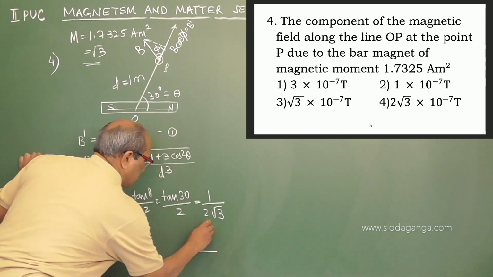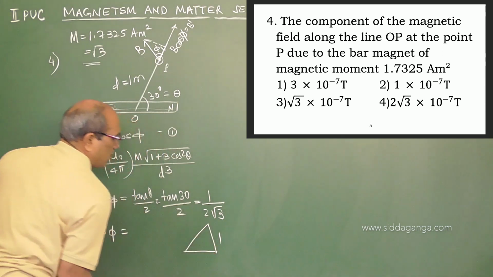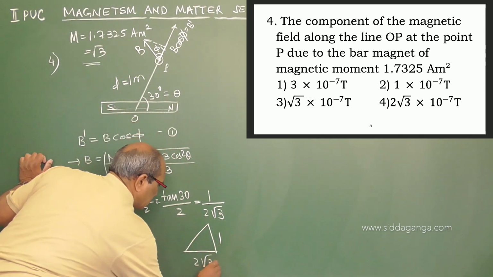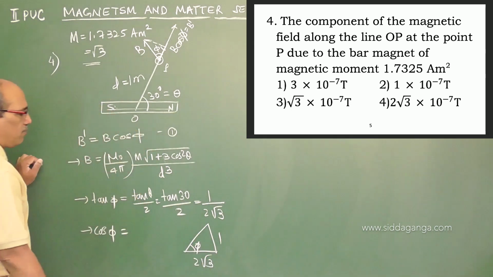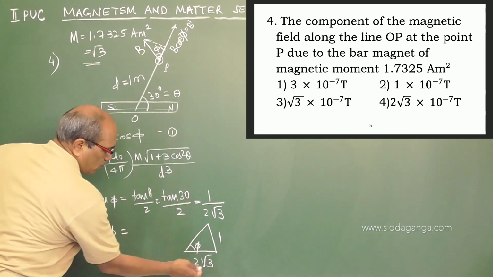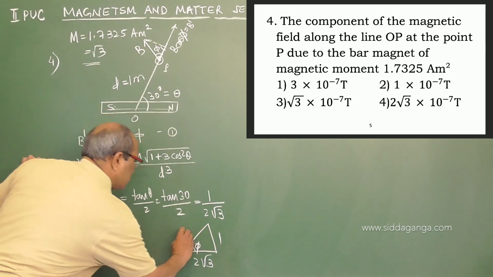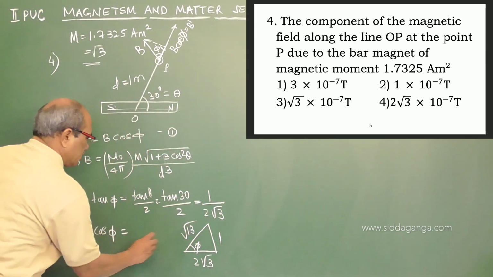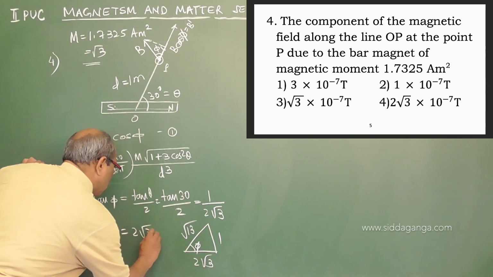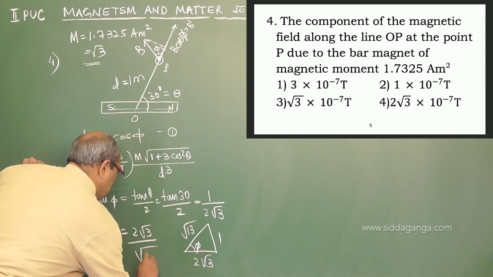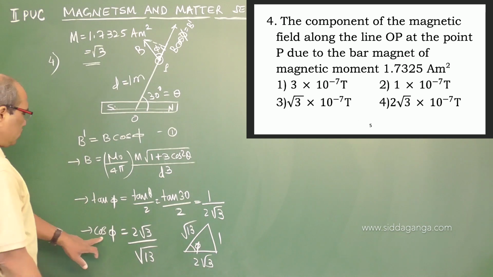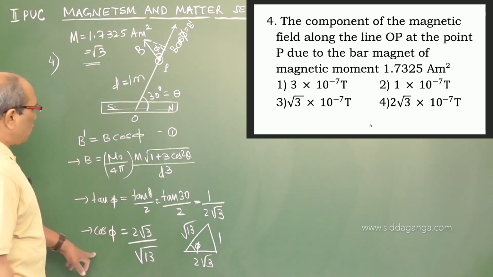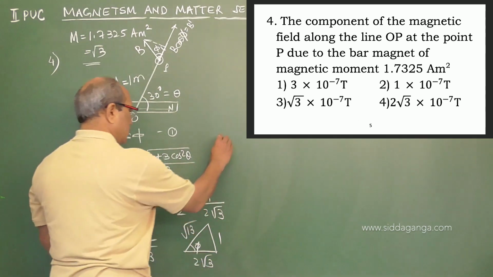Go to the geometrical construction of this. Opposite side by adjacent side is tan phi. So 2 root 3 squared, if it's 3 into 4 plus 1, is 13. Now cos phi is adjacent side by hypotenuse, which is 2 root 3 by root 13. Now we have both, we can substitute in this.